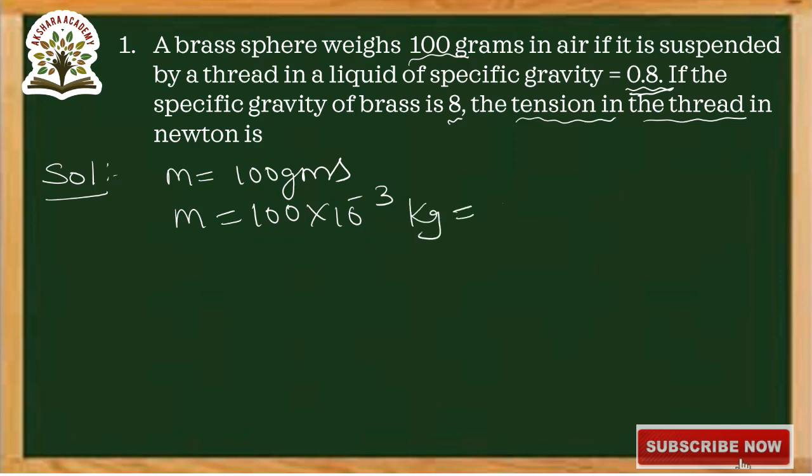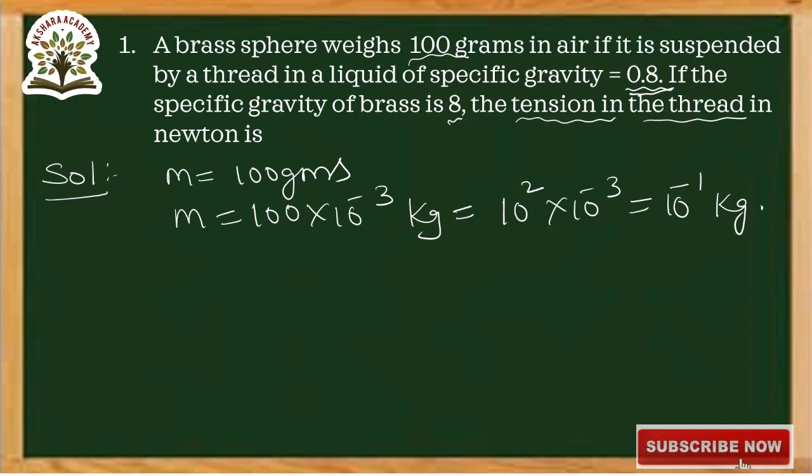This can be written as 10 squared into 10 to the power of minus 3, that is 10 to the power of minus 2 minus 3, how much? Minus 1. So m equals 10 to the power of minus 1 kilogram.